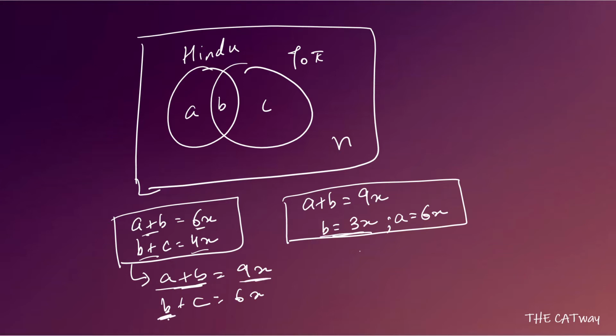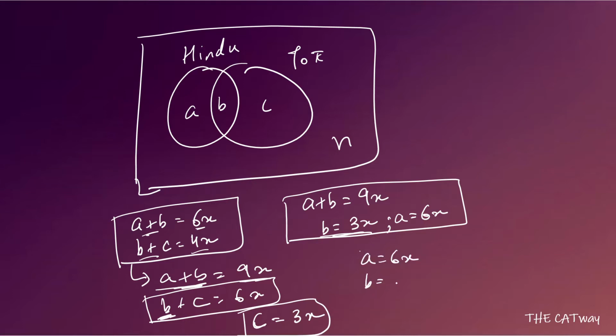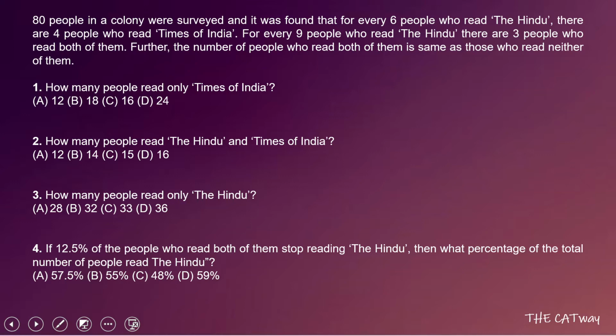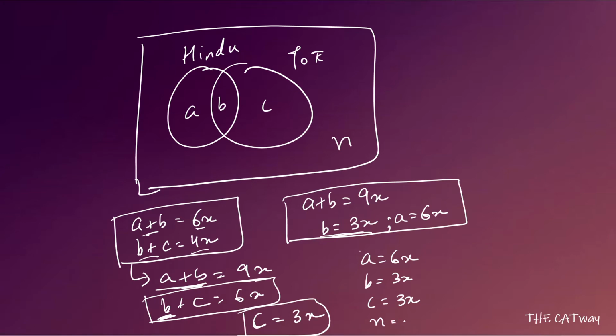So we can put this B equal to 3x in this equation and we can get that C is equal to 3x. So now what do we have? We have A equal to 6x, B equal to 3x, and C equal to 3x. Also what we have been given is that the number of people who read both of them is same as those who read neither of them. That means that n will be equal to 3x.